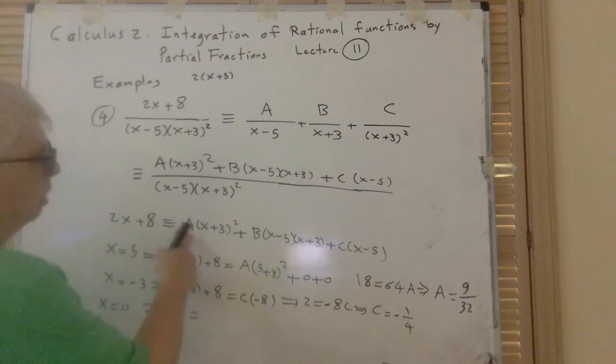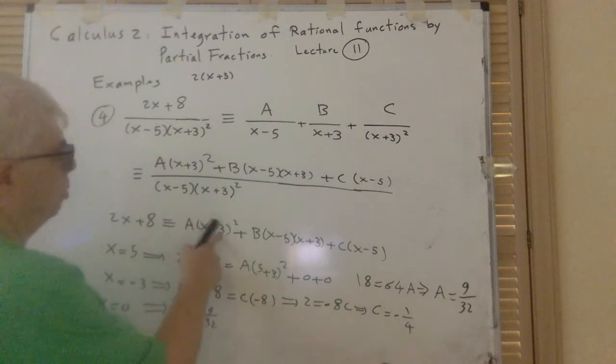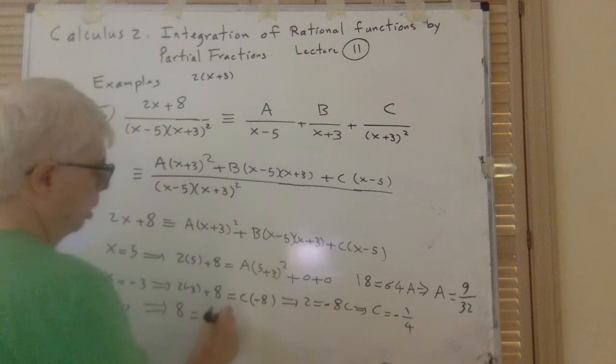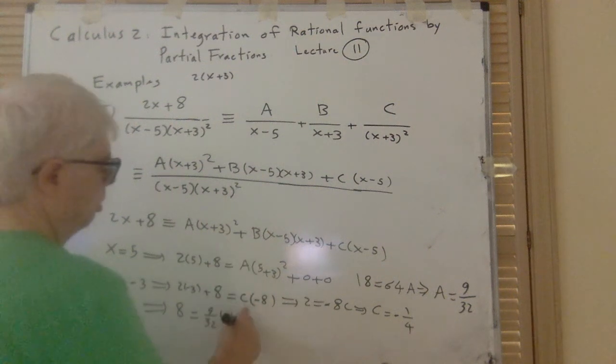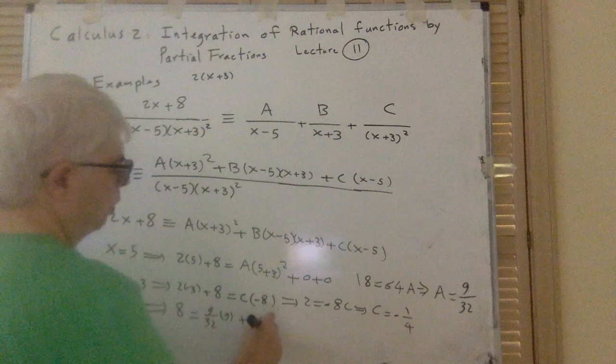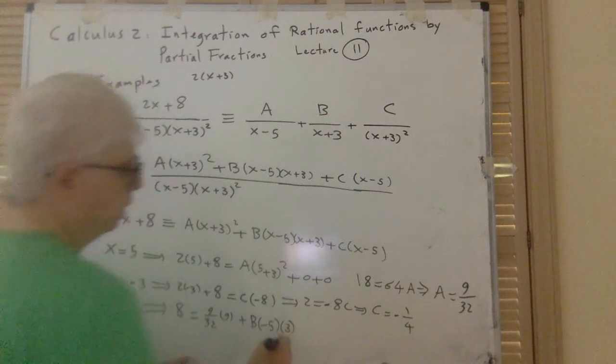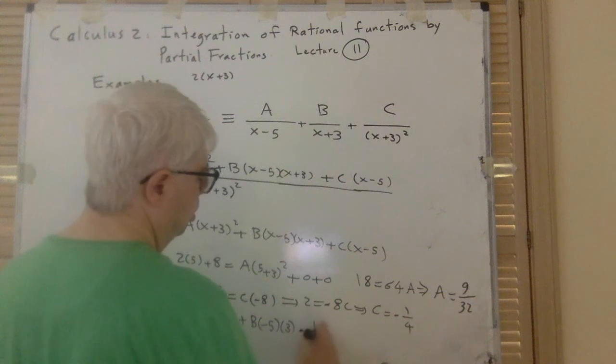On this side I know A is 9 over 32, and 0 plus 3 is 3, squared, times 9 over 32. Then plus B, B is unknown. B times 0 minus 5 is minus 5, times 3. And C is minus 1/4 times negative 5.